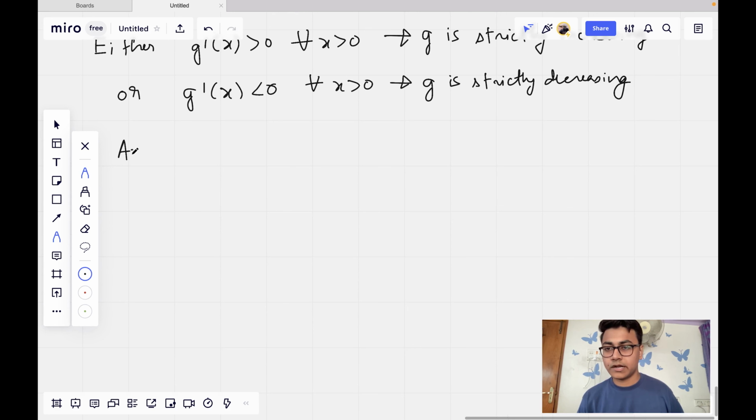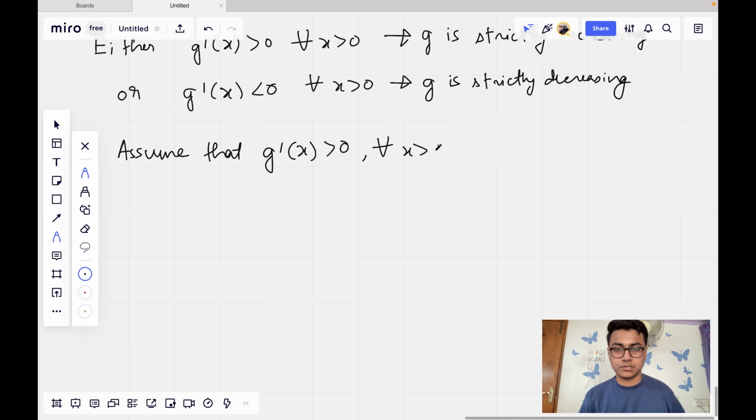Assume that g dash x is positive for all positive reals x. Now, you will also remember that we have the condition that g is not the identity function.